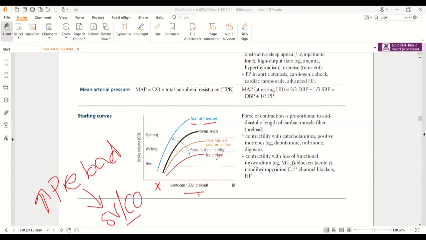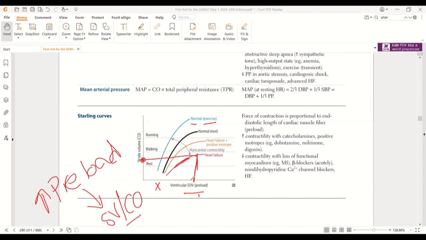If you give this patient an inotrope, it will increase their cardiac output, stroke volume, and contractility. Here at this preload, the stroke volume is this.